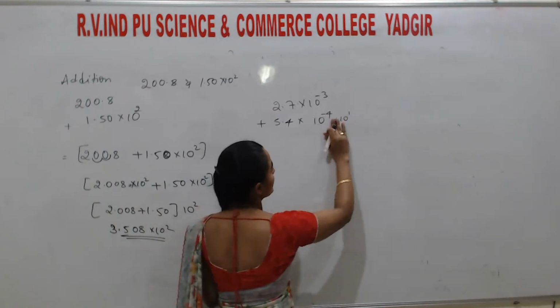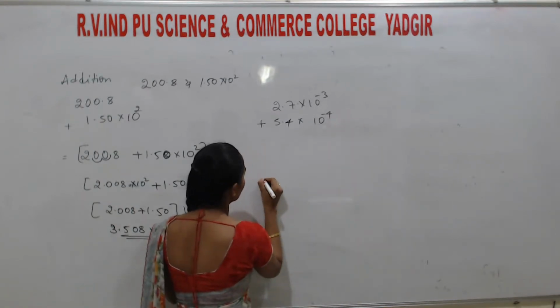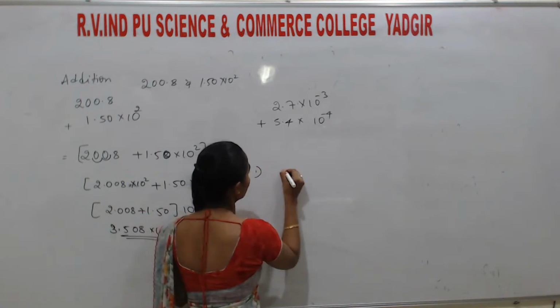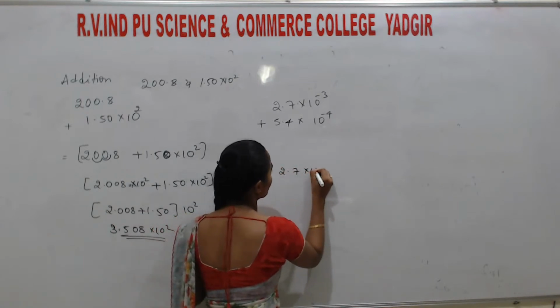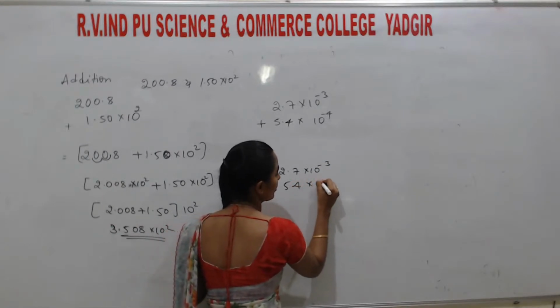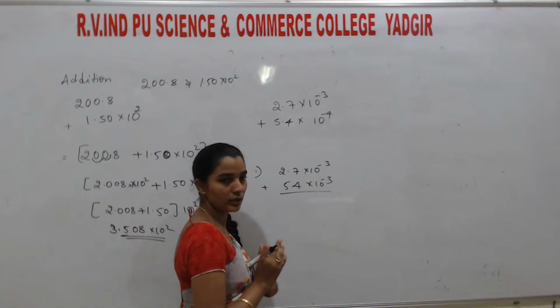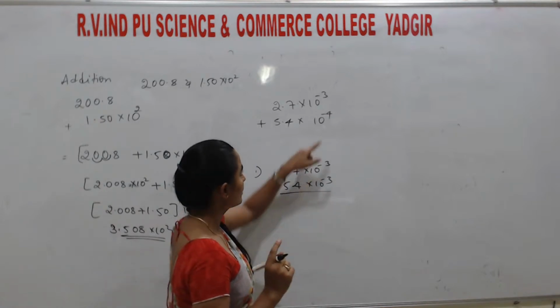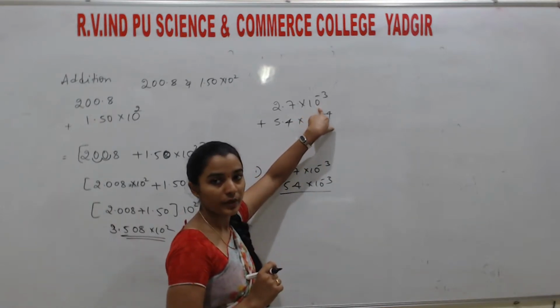Understood? Either this term be like first one, 2.7 into 10 to the power minus 3 plus 54 into 10 to the power of minus 3. This is one possibility. Another one, convert this to 10 to the power of minus 4.